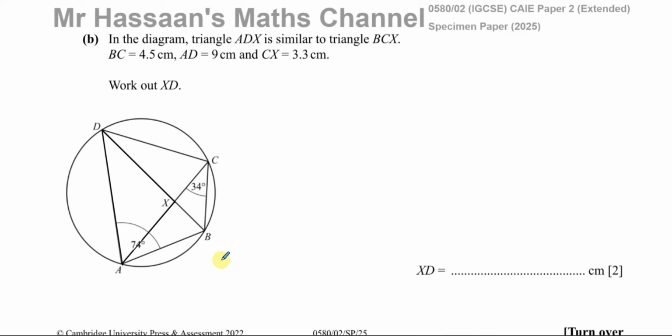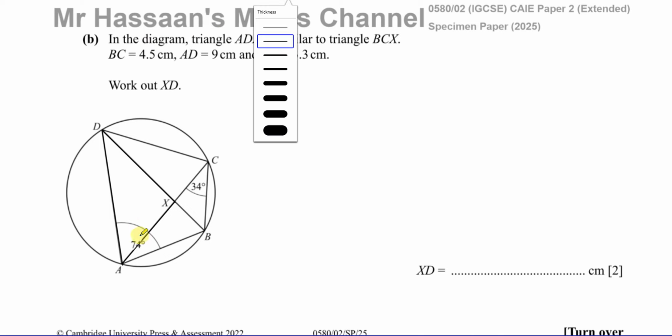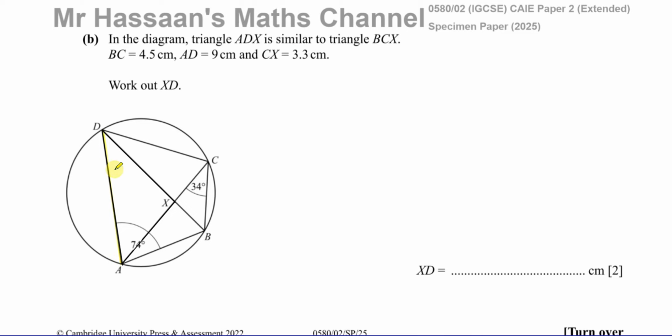Anyway, so here it says in the diagram, triangle ADX, which is this triangle here, is similar to the triangle BCX, which is this small triangle here. I'll just highlight it a little bit.